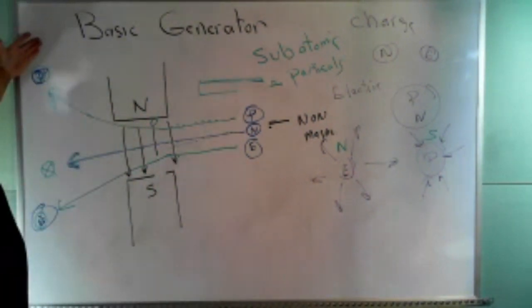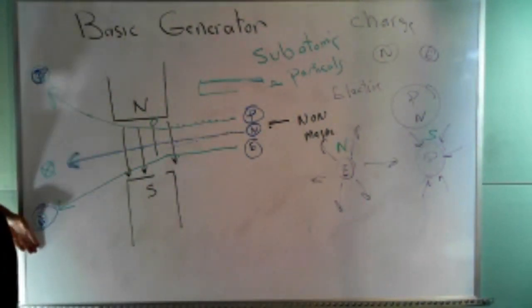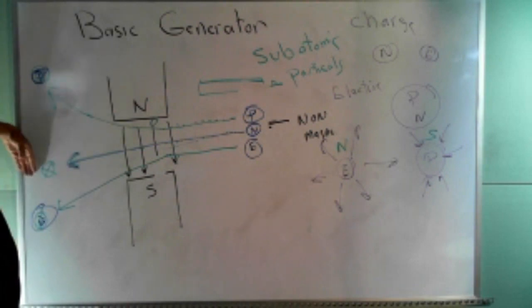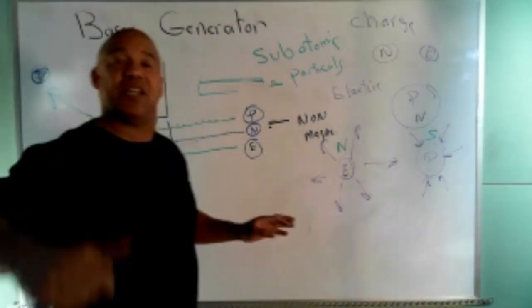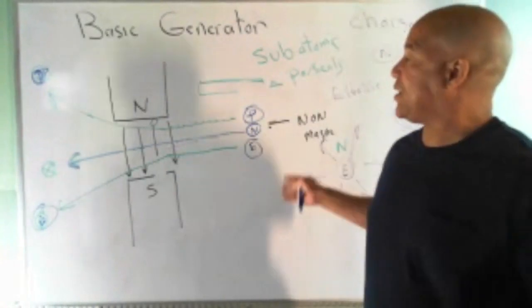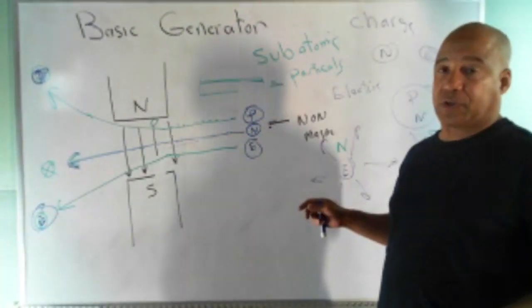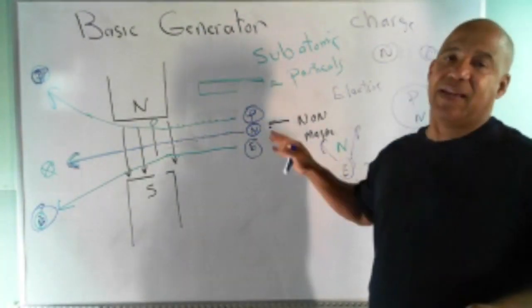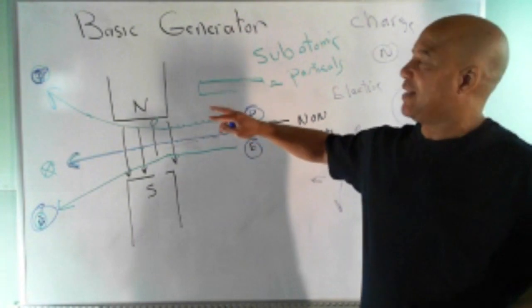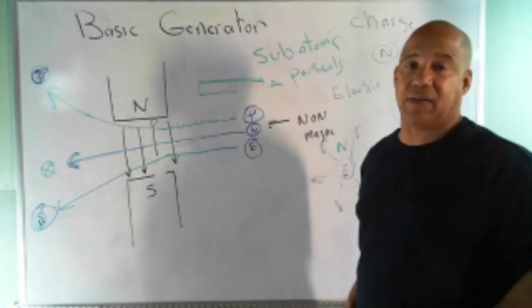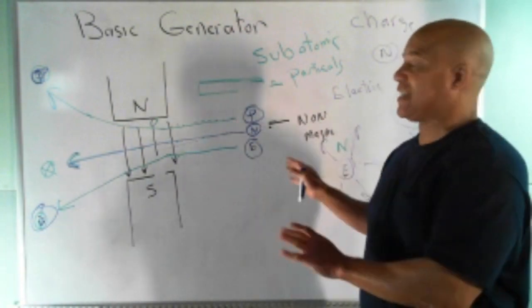My sensor will pick up protons here, electrons here, and neutrons will come straight through. So scientists actually use this to separate subatomic particles. Now, I'm really dumbing this down, making it really simple, but it's a complicated device. But the physics is actually pretty simple.